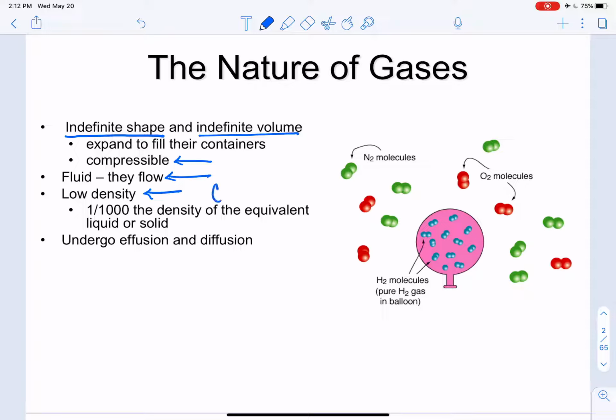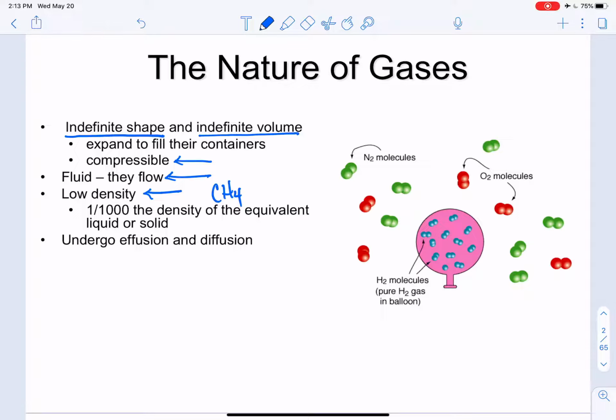And methane is CH4, and then we've got some other hydrocarbons in there. But what happens is that this gas flows through the pipe and it goes into our house. So yes, gases are fluids too, they flow.